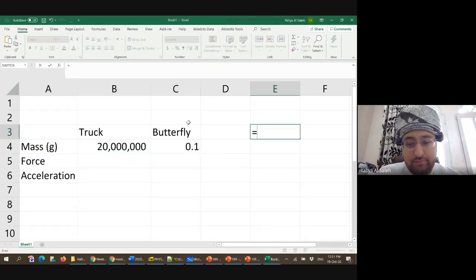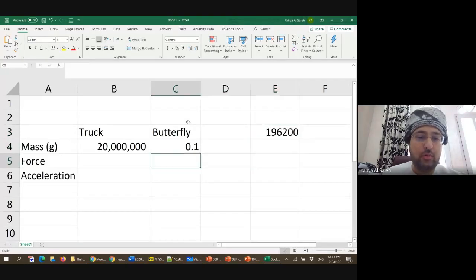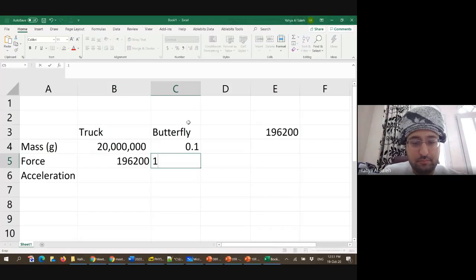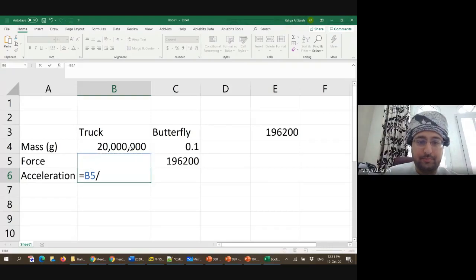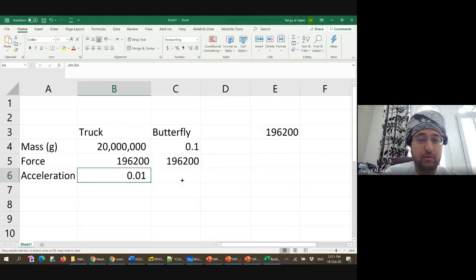If I just take it by weight, which is not accurate, but I'll take it by weight: 9.81 times 20,000 kilograms, 196,200. Okay. Now, what is my acceleration going to be, in meters per second squared?